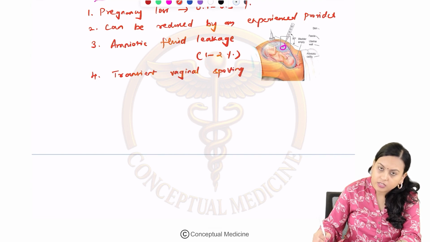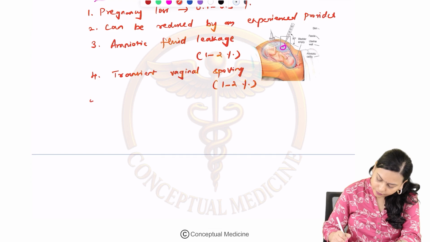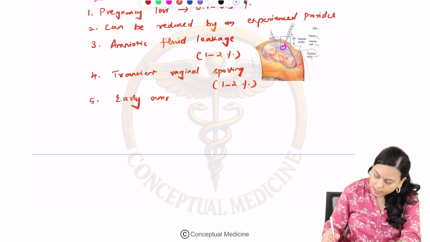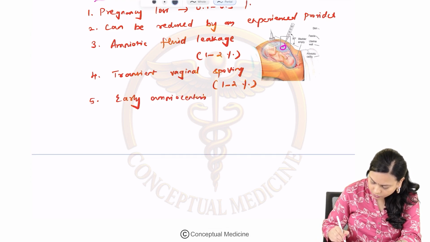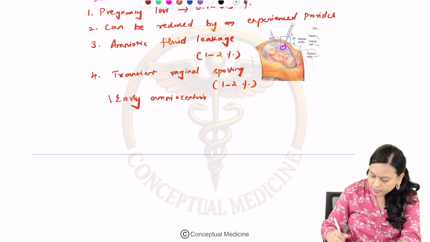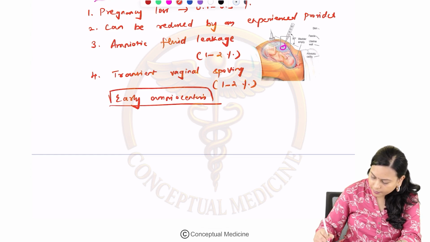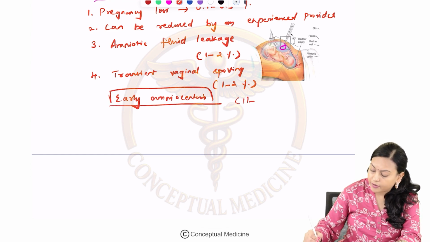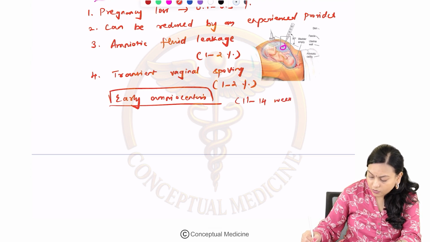Okay. So this is also encountered in 1 to 2% of the cases. And then we can go for early amniocentesis. Early amniocentesis means performing the amniocentesis around 11 to 14 weeks of gestational age itself.